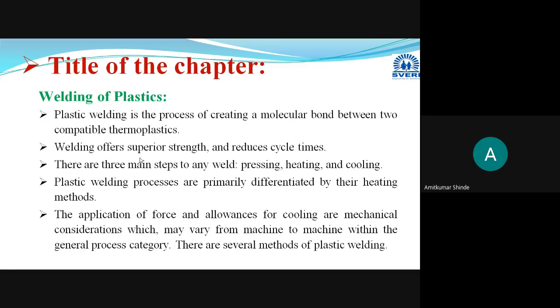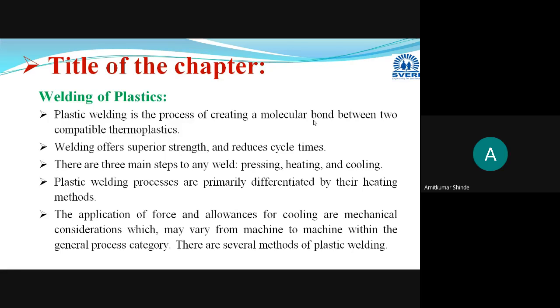Now what is the meaning of welding of plastics? In short, welding of plastic is the process of creating a molecular bond between two compatible thermoplastics. Compatible in the sense that two thermoplastic materials can be joined.